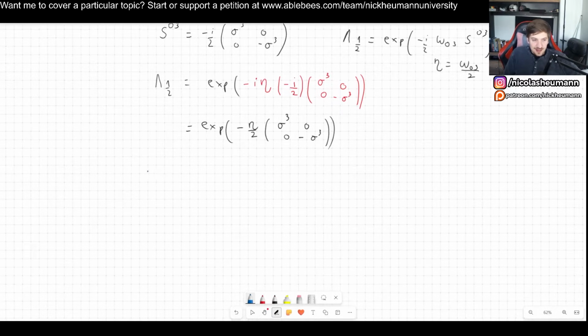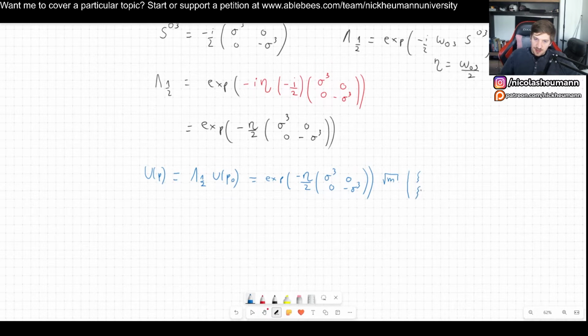So what this means is that our u of p, this is what we get after we apply our boost on our rest frame. So our boost is this thing right there, so I'm going to copy it. And then we have our u of p0, which is what we already found. That is simply going to be the square root of m, and then we have our chi.